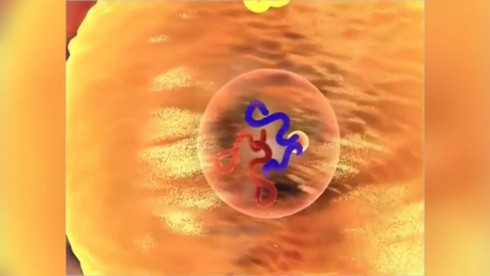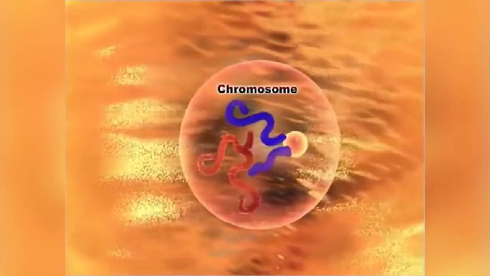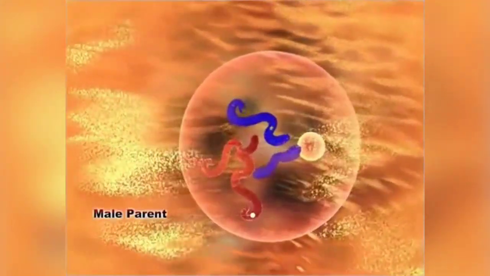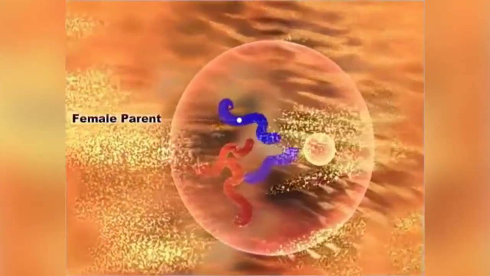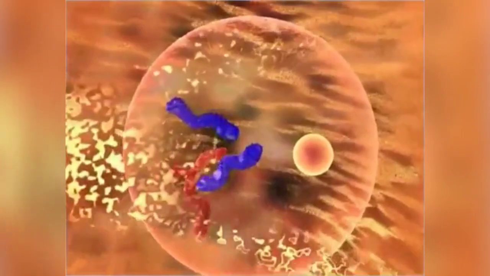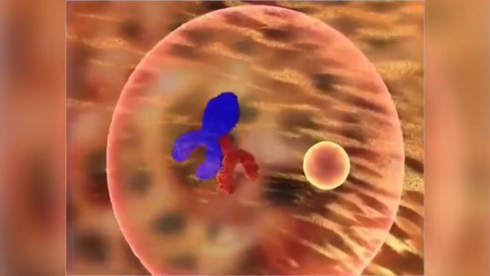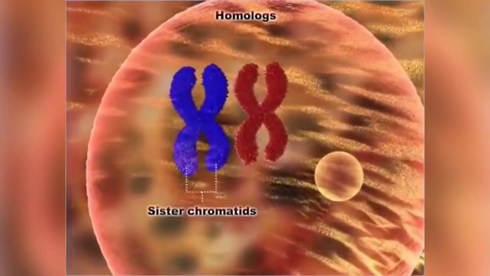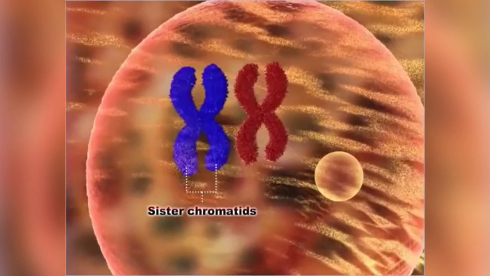Each diploid cell has 2 copies of chromosome, one inherited from the male parent and the other from the female parent. These 2 copies, coming from different parents, are similar to each other and are called homologs. Now let us look at the different stages of prophase 1 in detail.